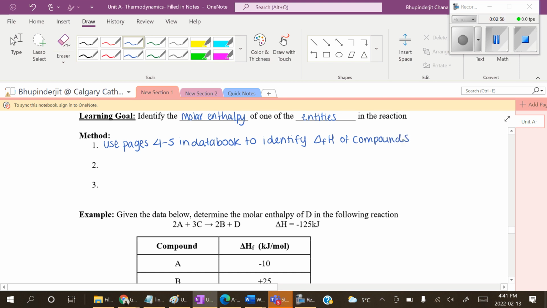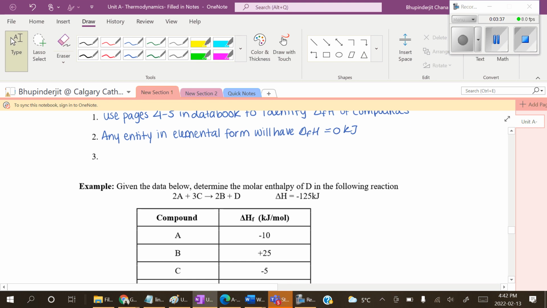Then, anything that is in elemental form, so any entity in elemental form, will have a delta H formation that is equal to 0 kilojoules.